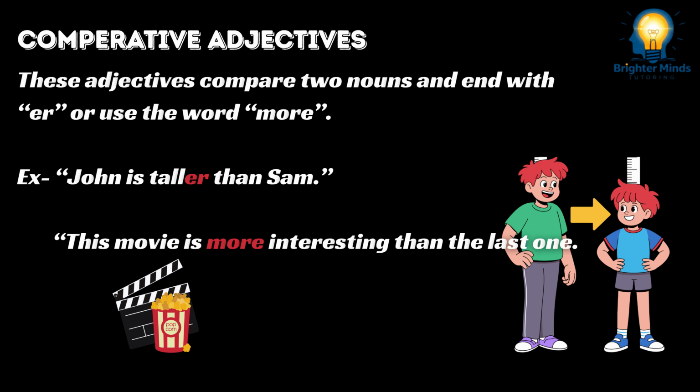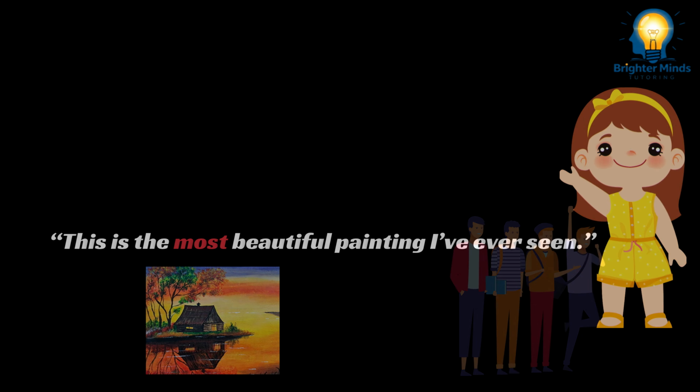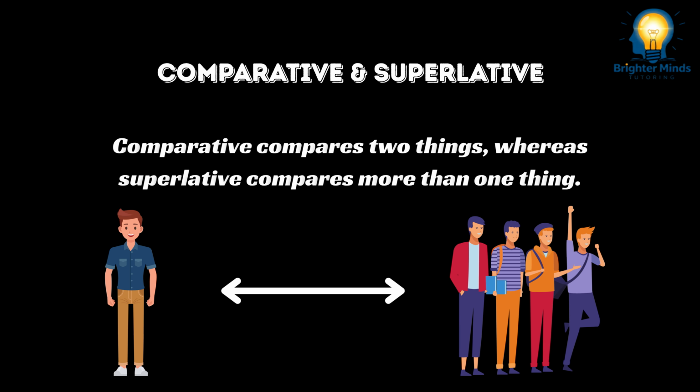Superlative adjectives, on the other hand, compare more than two nouns and often end in est or use most. For example, Mary is the tallest in the class, or this is the most beautiful painting I've ever seen. Remember, comparative adjectives compare two things, while superlative adjectives show the highest degree of quality among three or more.